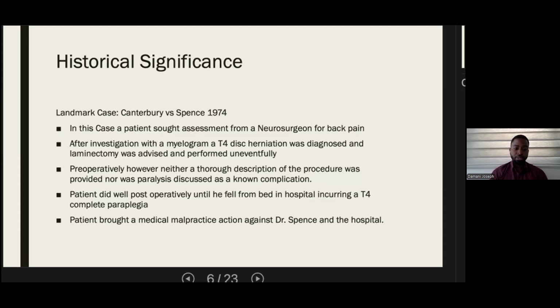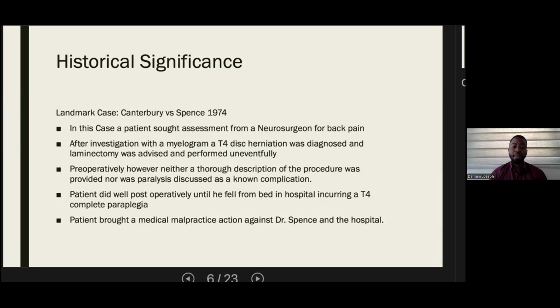In the preoperative period, the doctor neither gave a thorough description of the procedure, nor was the complication of paralysis discussed. The patient went on to do well postoperatively until he fell from a bed while in the hospital and he incurred a T4 complete paraplegia.